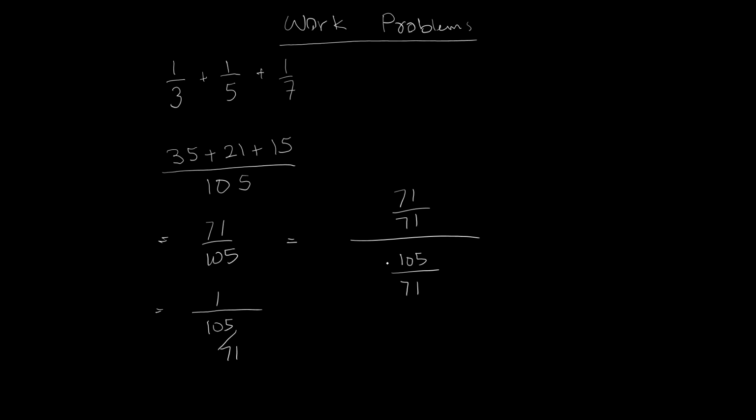After this simplification, you have the expression. Now the benefit is that whatever is written in the denominator is the number of days, right? Because rate is equal to, as we discussed earlier, 100% work divided by days, so 1 over days. Hence, by comparison, the days would be 105 over 71.